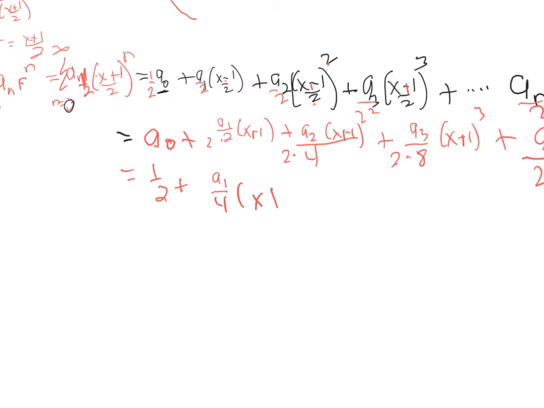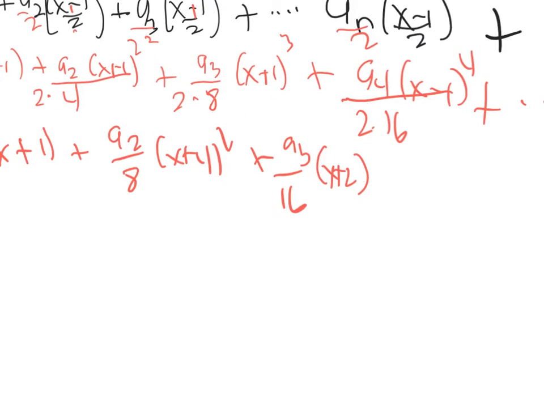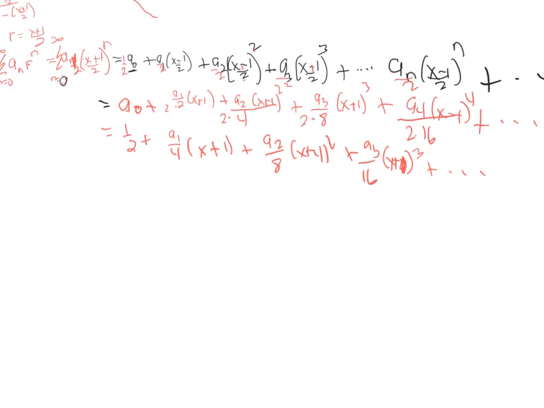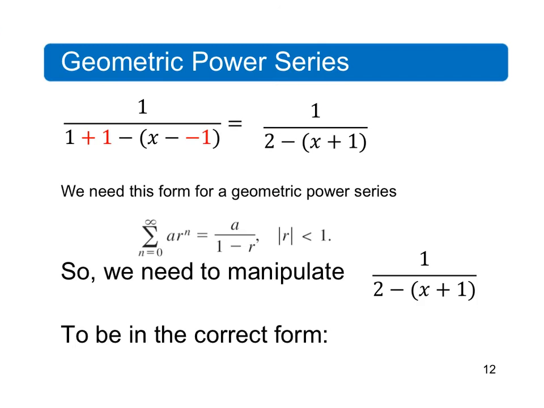I see it. A sub 2 over 8. A sub 3 over 16. X plus 1 to the 3rd. So forth. Okay, let's see. 2, 4, 8, 16. We'll double check.